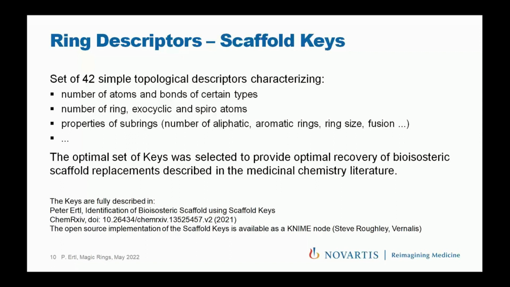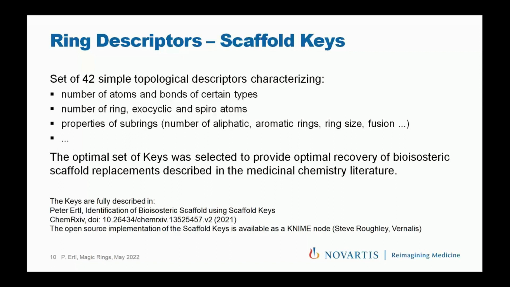Because fingerprints, particularly hashed fingerprints, have one big disadvantage. It is simply difficult to interpret the results. Even if the outcome based on fingerprints is very good, it is not easy to understand why we are getting these results.